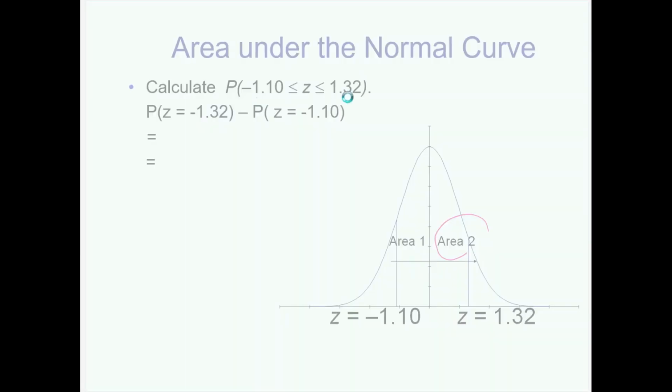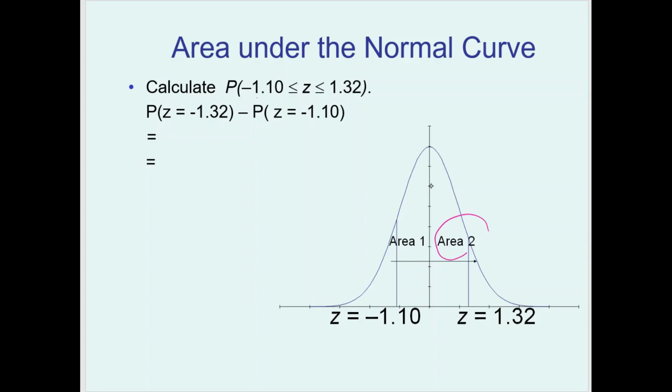So z more than negative 1.10 should be in this area, and z less than 1.32 is in this area.